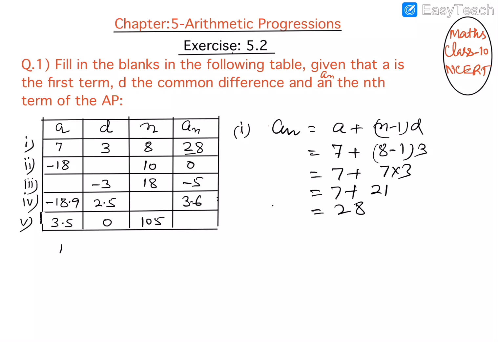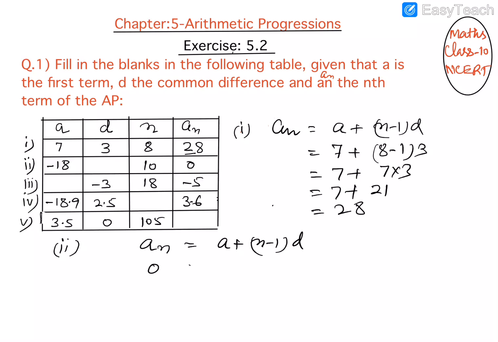For the second part, a is minus 18, d is to be found out, n is 10 and an is 0. Again we will use the formula of an, which is an is equal to a plus n minus 1 into d.